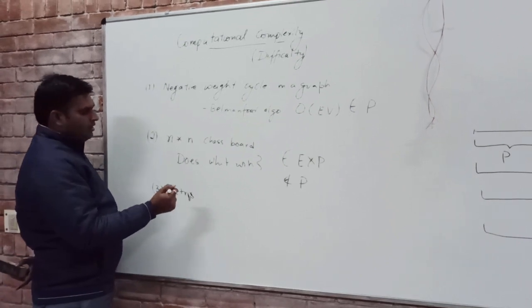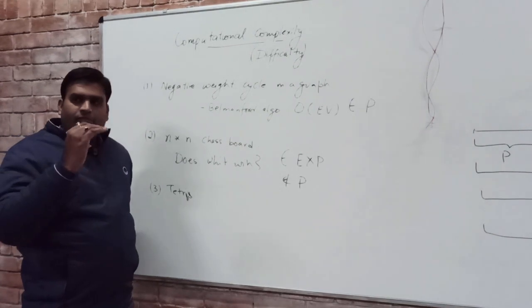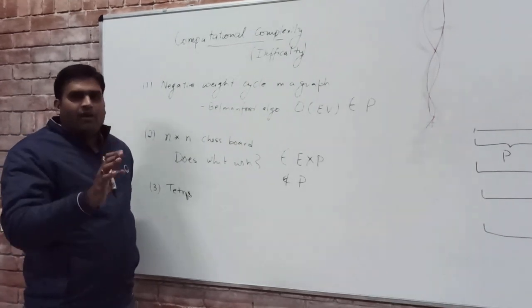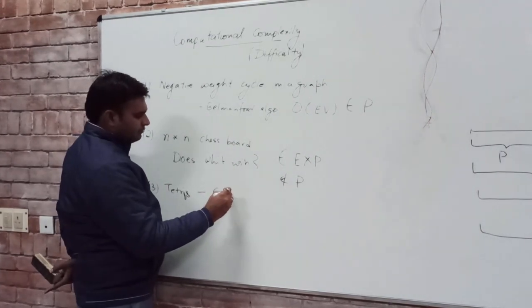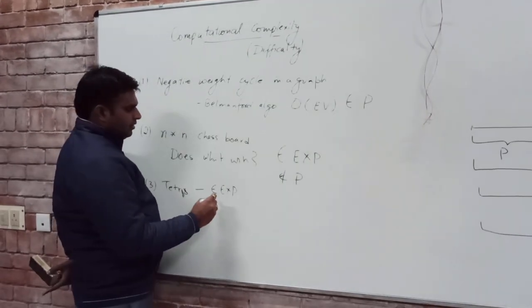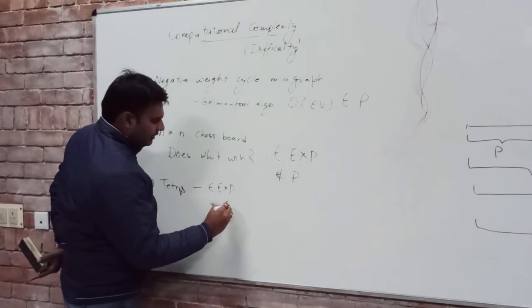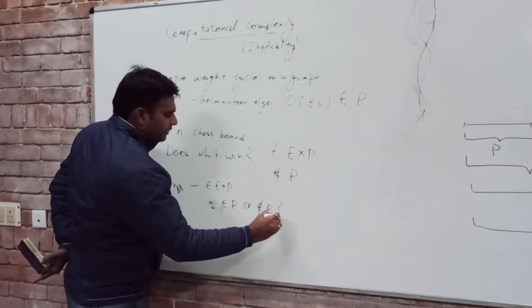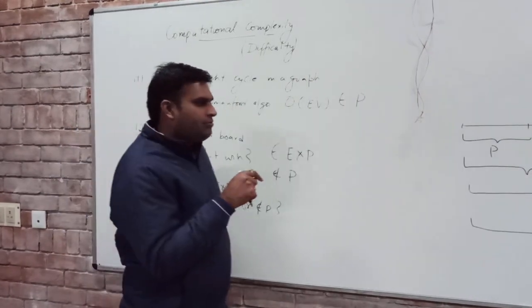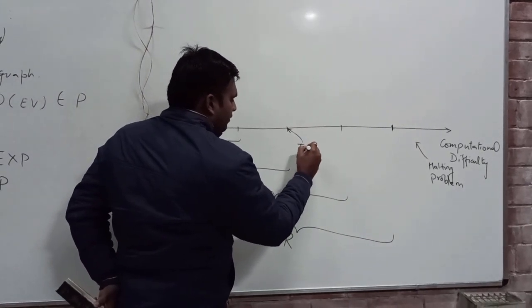Very interesting game. If I ask whether we can decide by which moves we can survive the game, this problem also can be solved in XP time, but it is not known whether it is in P or not in P. That is why we say that Tetris lies at this point.